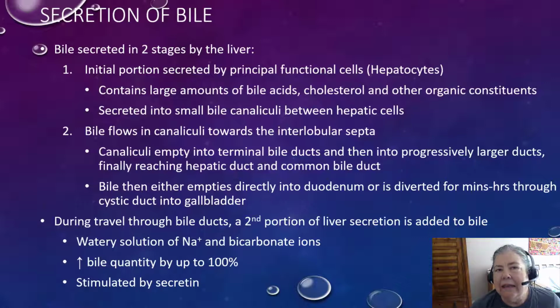As the substance initially made in hepatocytes travels through the bile ducts, there are further secretions added to this liquid we call bile. There's a solution of water with sodium and bicarbonate ions that doubles about the quantity of bile, and that watery electrolyte solution is stimulated by the hormone secretin.